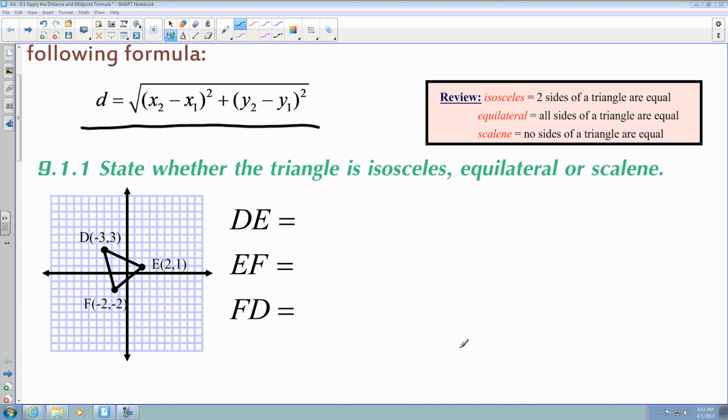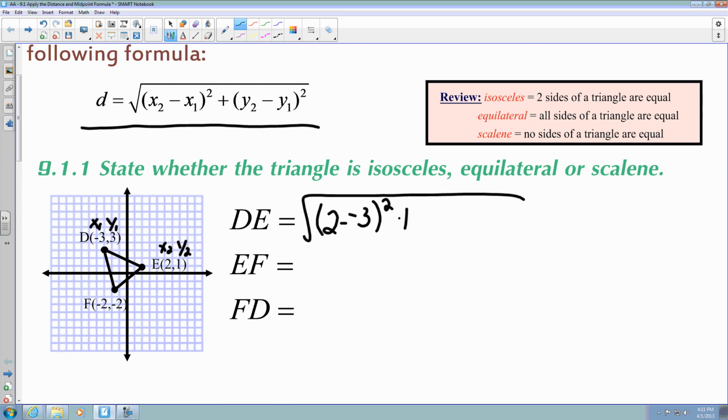So let's say this is my x1 and this is my y1, and this is my x2 and that's my y2. To find DE, I need to take the square root of (2 minus negative 3) quantity squared plus (1 minus 3) quantity squared.